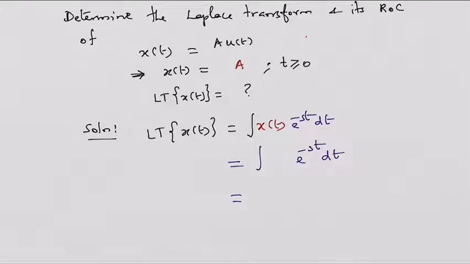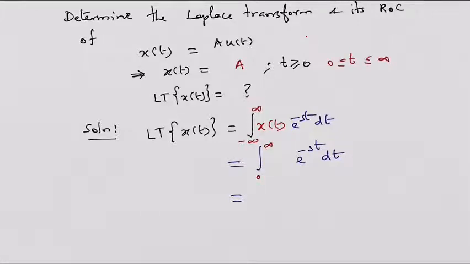So to find the Laplace transform of the given signal, normally we consider the formula integral from minus infinity to plus infinity x of t into e power minus st dt. But the given signal is available only from 0 to infinity.